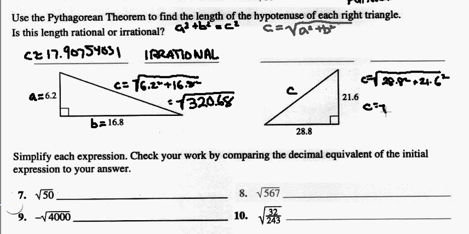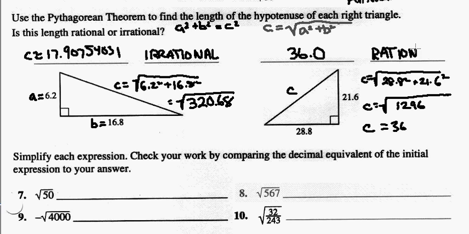So I go 28.8 squared plus 21.6 squared, and I get 1,296. And if I take the square root of that, I get 36. And in decimal form, that's 36.0. Well, that certainly ends or truncates. So I would say that that is a rational number.